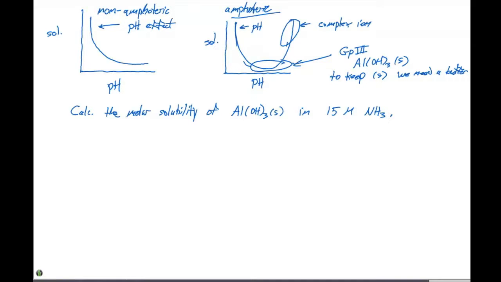We're looking at the solubility of aluminum hydroxide. If you have Al(OH)3 as a solid in aqueous solution, we're going to set up an equilibrium between Al3+ in aqueous solution plus 3 OH- in aqueous solution.